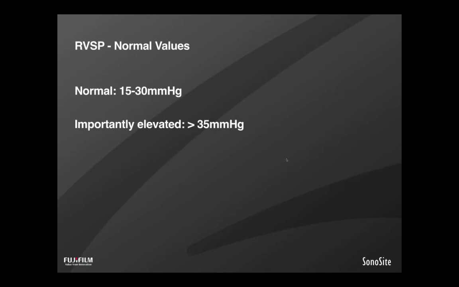Of course, the gold standard for determining right heart pressures is right heart catheterization, and RVSP is not perfectly matched with that in all cases. And so there are some limitations to this technique, but it's an excellent screening tool at the bedside for elevated PA pressures, and has a lot of clinical application and use in most centers that I've worked or taught at.